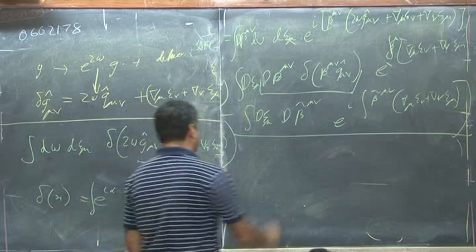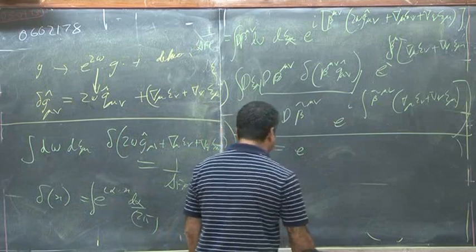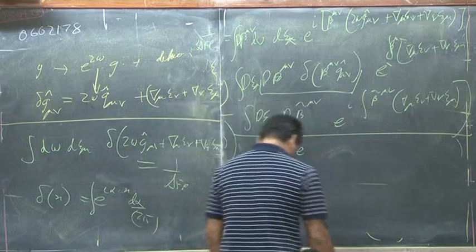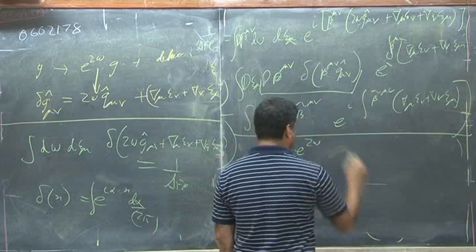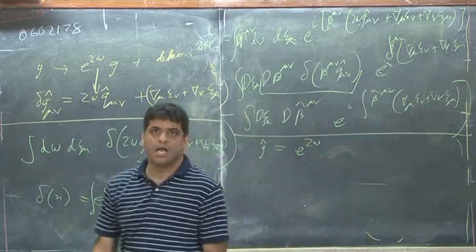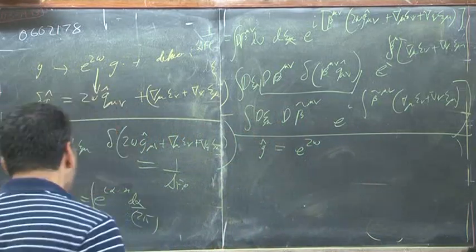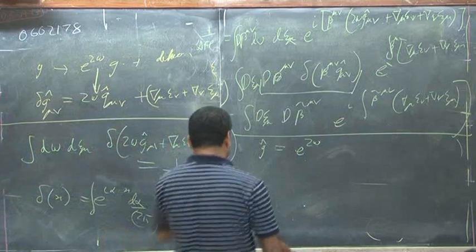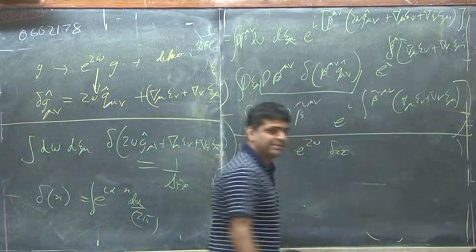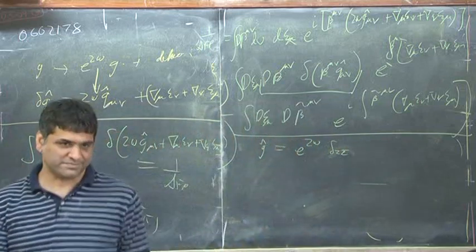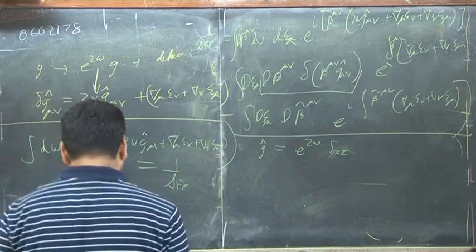We will choose G hat to be e to the power 2 omega times delta z. Okay, so what have we done?